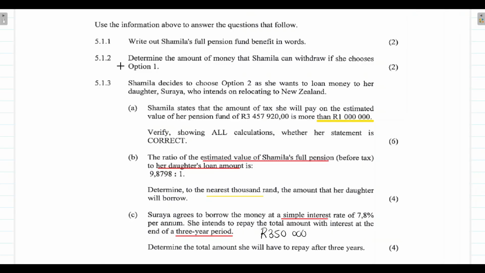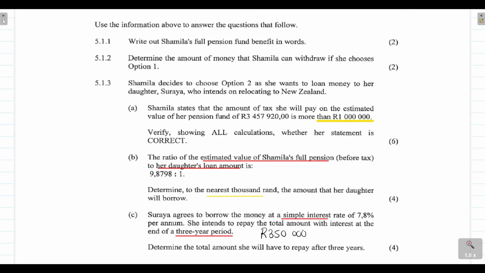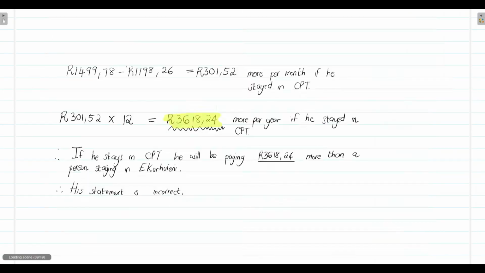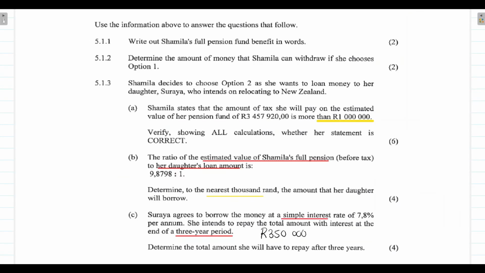I also explained that if we are told that Shamila withdraws a third of her money, the sentence tells us exactly what we needed to do, and then we just took that a third times the 3,457,920. Here we're verifying a statement that Shamila said by using the retirement benefit tax table that is given to you, and I explained that to you.